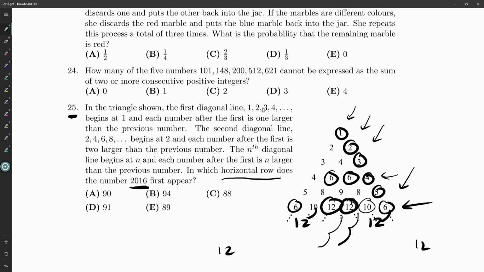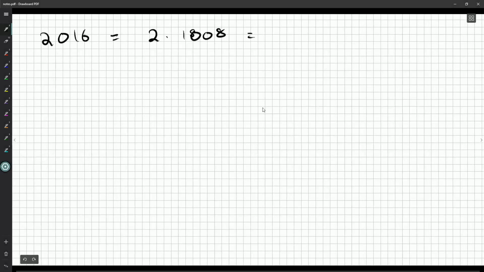So now, to find the earliest 2016 will appear, I just need to look at its factors and factor it into pairs, and then add those pairs and subtract 1. So 2016, let's see, that has 2 times 1008. So that's 2 times 2 times 504. 504 is 7 times 8 times 9.